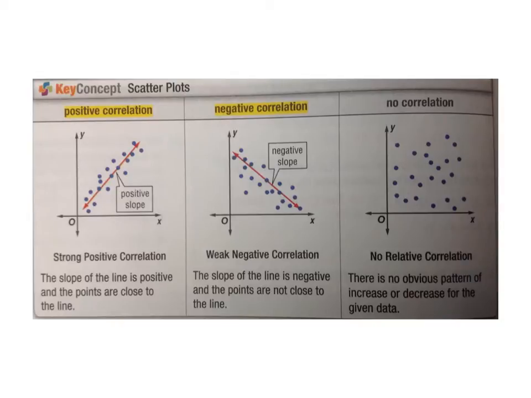But when it forms a nice line like these, you would call this a strong positive correlation because they're tight in a line here. If you look here, each of the points are not that far off the line, so that's a very strong positive correlation.